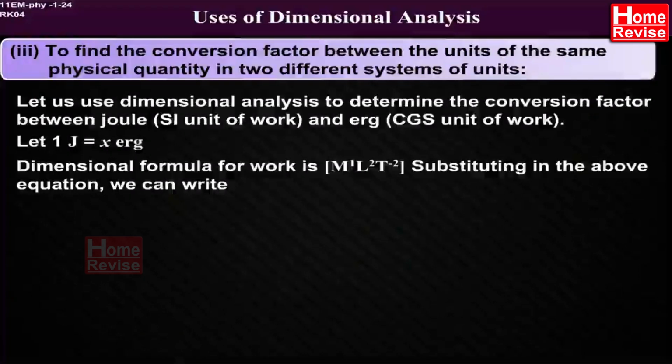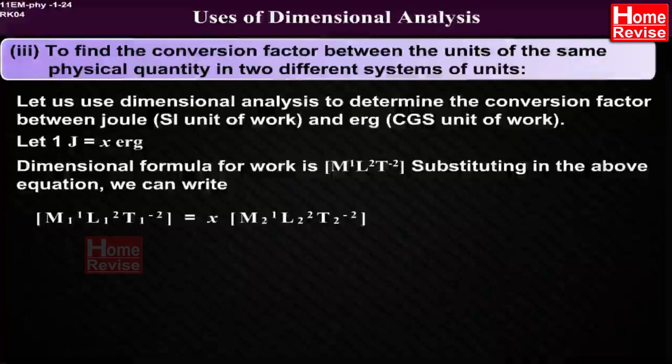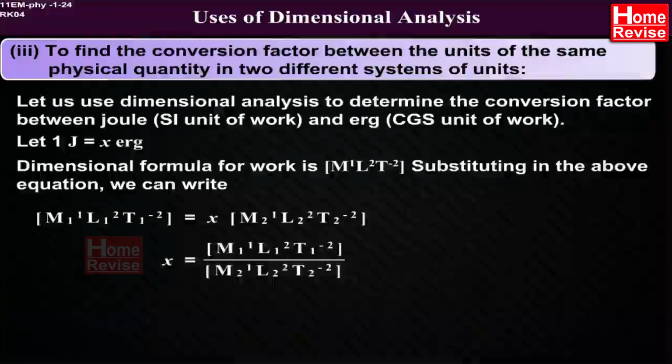Substituting in the above equation, we can write dimensions of M1^1 L1^2 T1^(-2) is equal to x into dimensions of M2^1 L2^2 T2^(-2). x is equal to dimensions of M1^1 L1^2 T1^(-2) upon dimensions of M2^1 L2^2 T2^(-2).